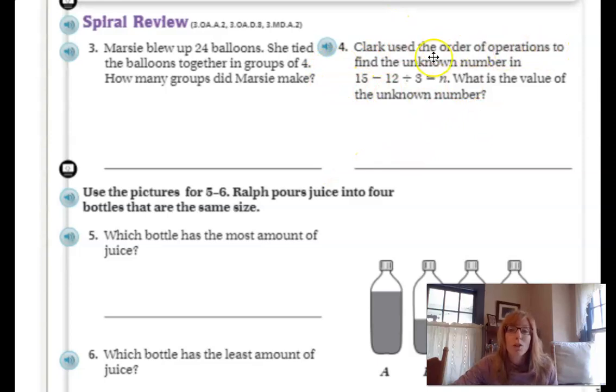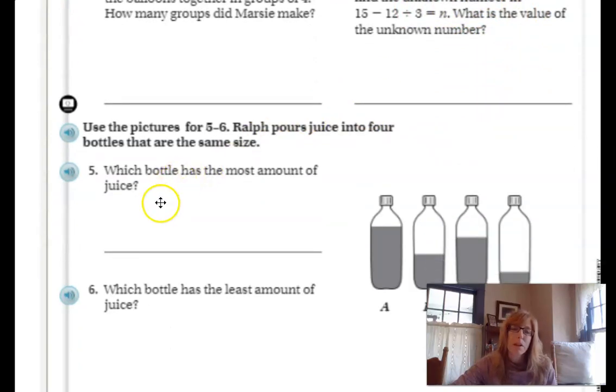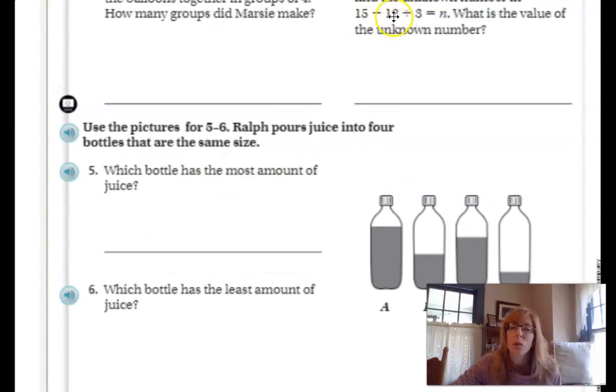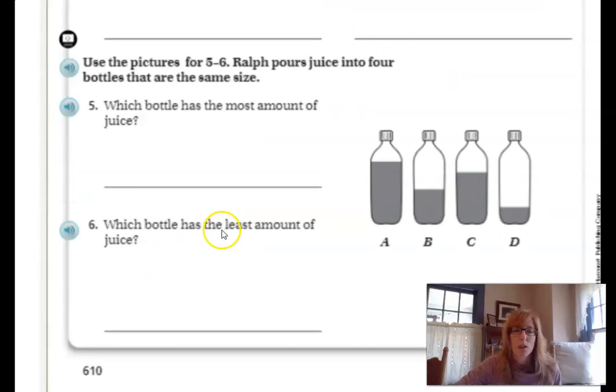Clark used the order of operations to find the unknown. All right, so you would have gotten 11. So we would have done, I think that's the division, so it would have been 12 divided by 3 is 4, and then 15 minus 4 would have given you the 11 if you did order of operations.